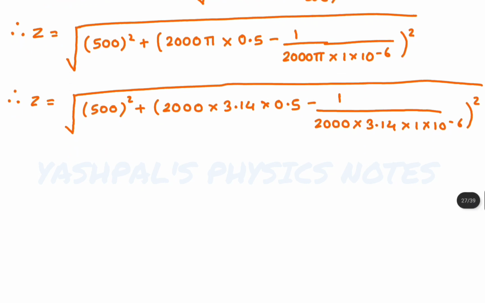Your first intention might be that you can directly cancel out 2000 into 3.14, but that's not the case, because there is a minus sign given. So we are going to calculate this value using the scientific calculator.